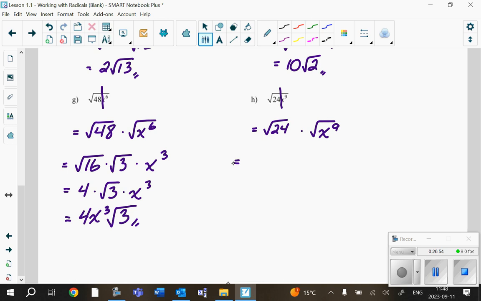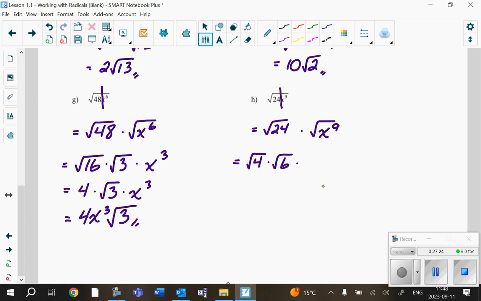What does root 24 break down to? Say the perfect square first. Root 4, root 6. Okay, this one you can't take exactly.